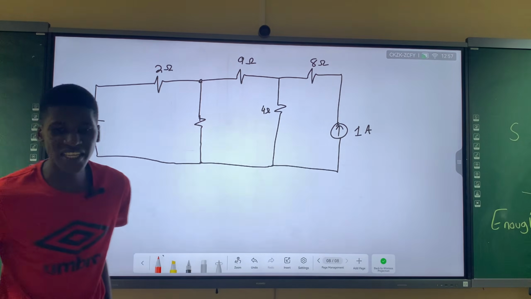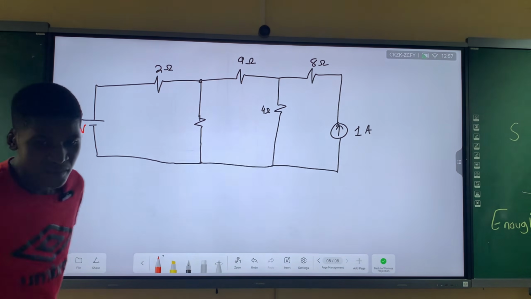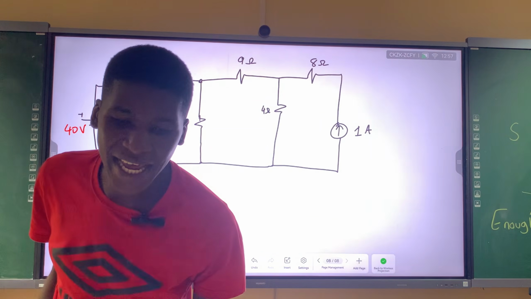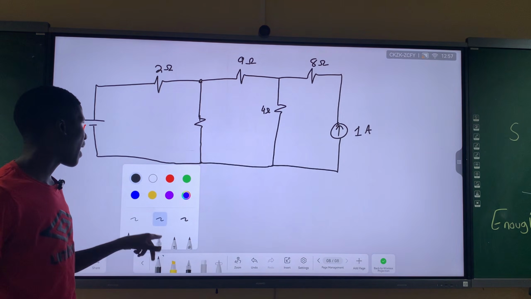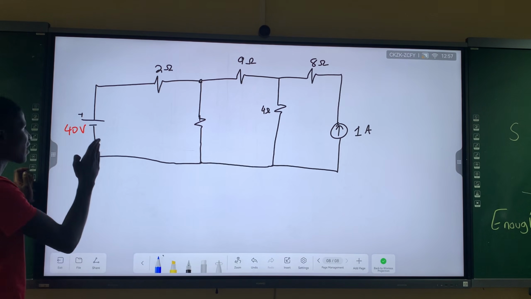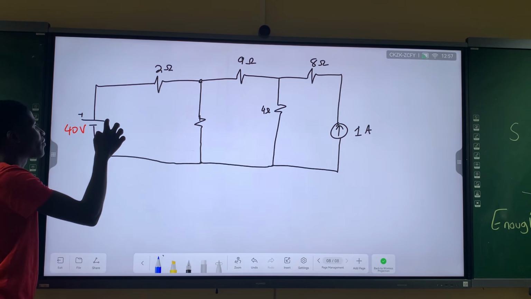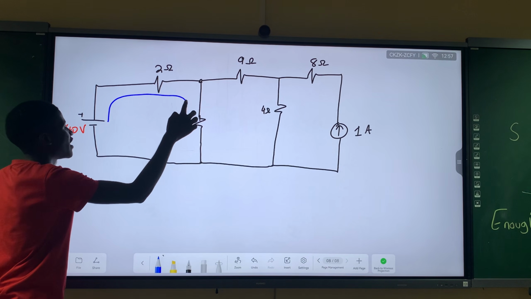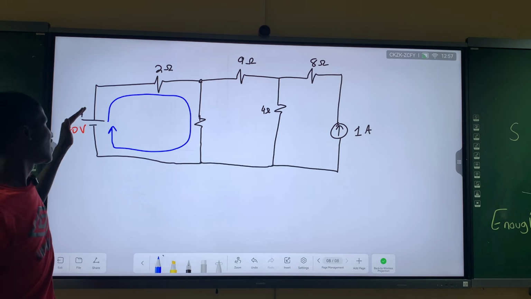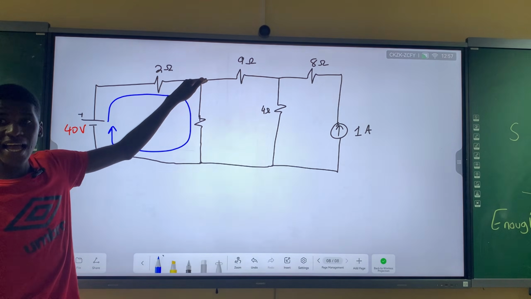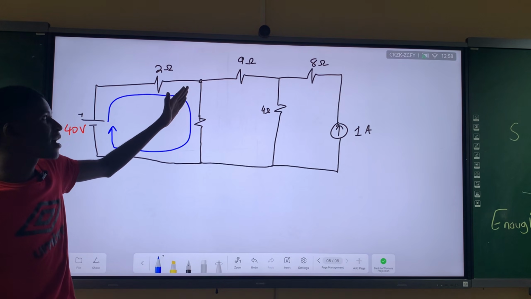So we've got a voltage source giving us 40 volts with the positive terminal. Okay, so let us gather up our currents. Here we've got a current coming from the voltage source. We can just say this is our current that can make a loop and come back right here. Now what? When this current arrives at this node, some of it will go here, some of it will go there.